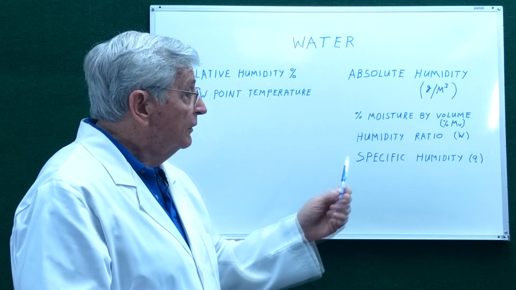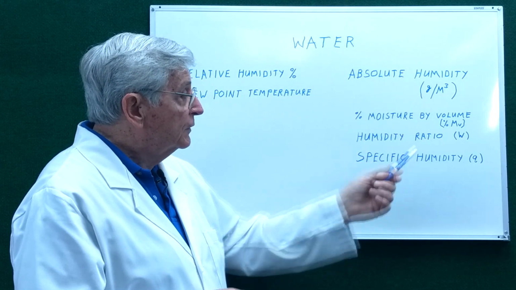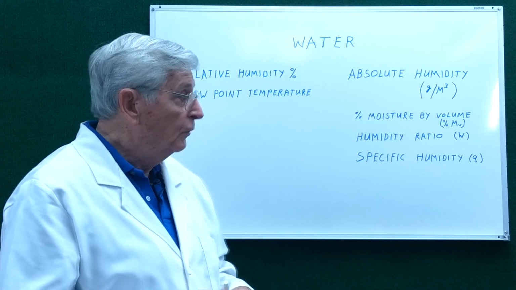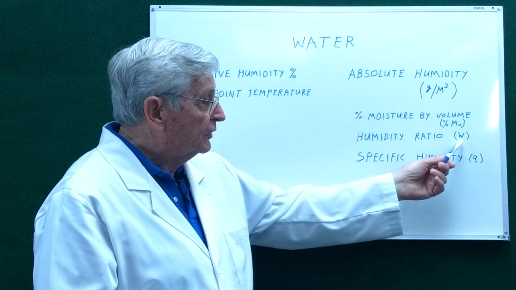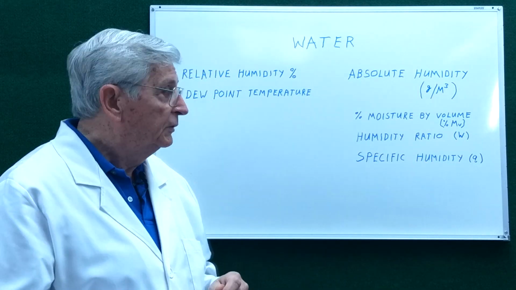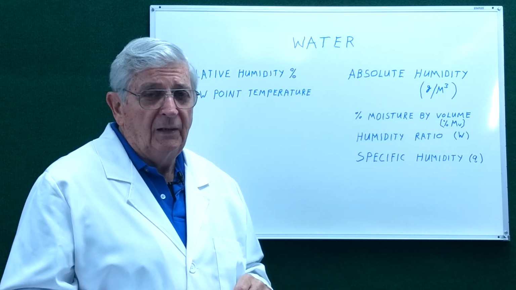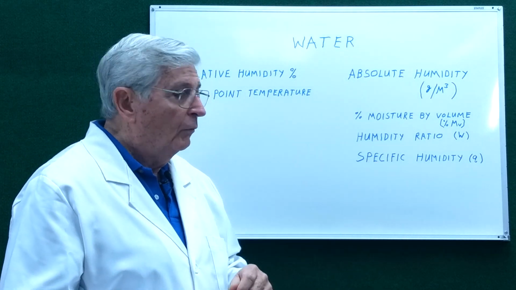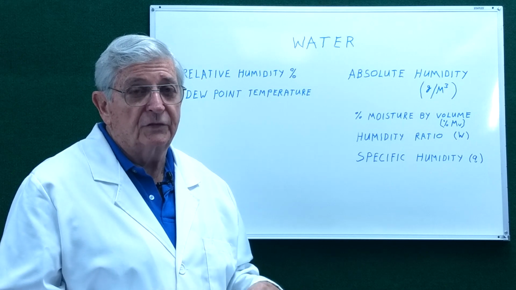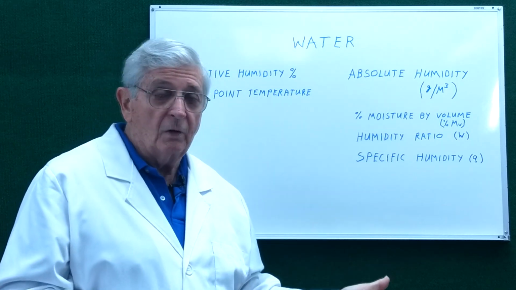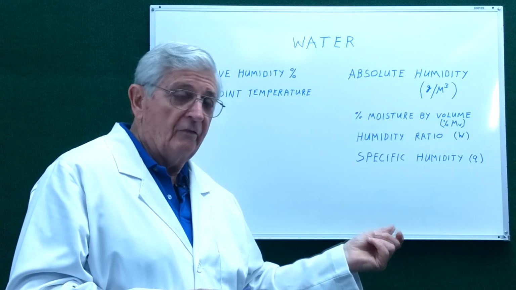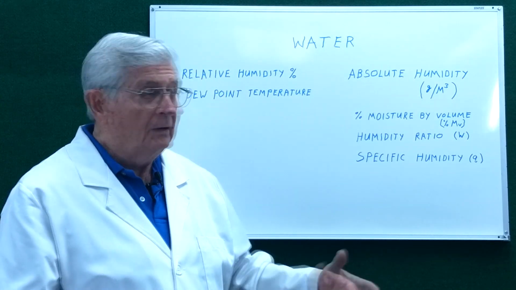So there's another term used, which is humidity ratio, usually using the letter W to indicate that. And that's the mass of water vapor per unit mass of dry air, or pound of water vapor per pound of dry air, gram of water vapor per gram of dry air.